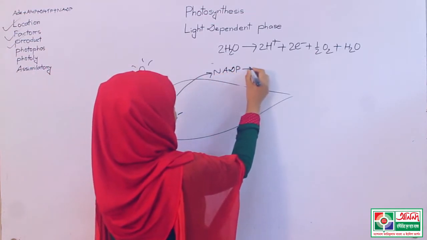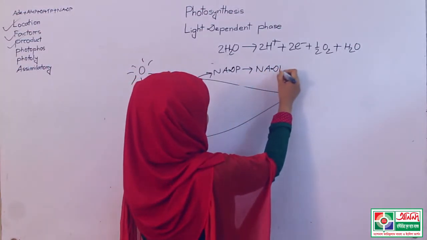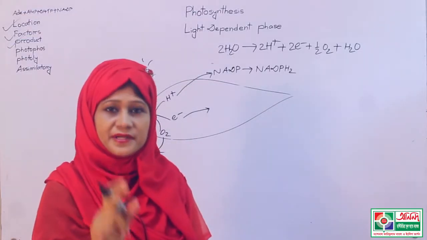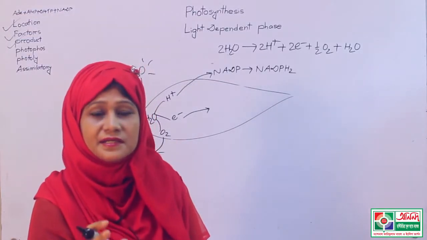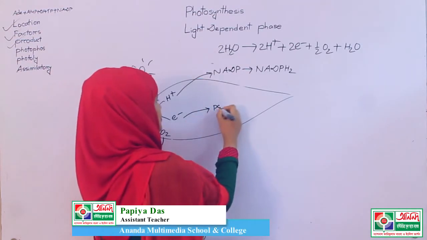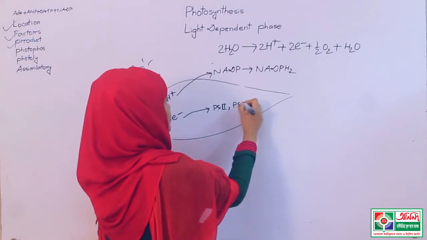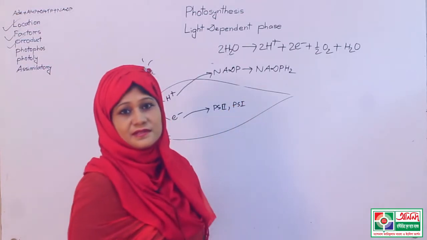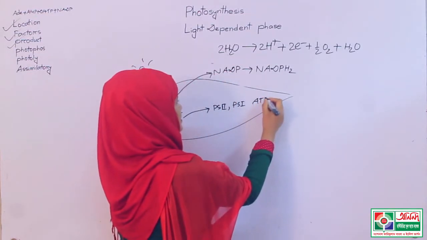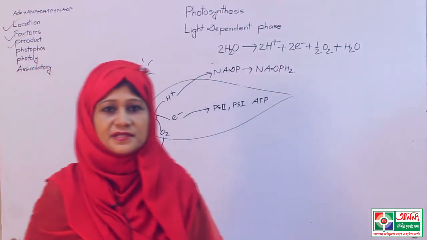NADP will reduce, and after that we will get NADPH2, and this electron in presence of the ATPase enzyme through photosystem 2 and PS2, and photosystem 1 produces ATP, and the oxygen releases in the environment.